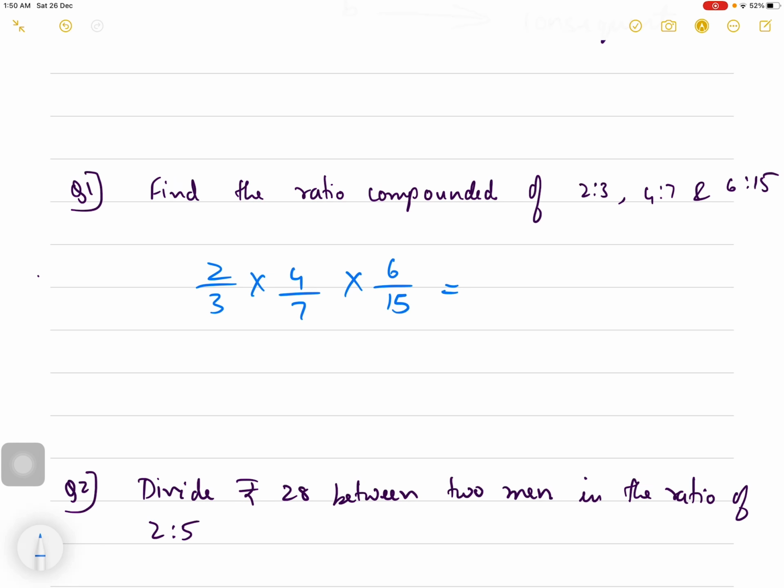When you multiply the numerators, 2 into 4 into 6, it comes to 48. 3 into 7 into 15 comes to 315. And then you reduce it as much as possible.